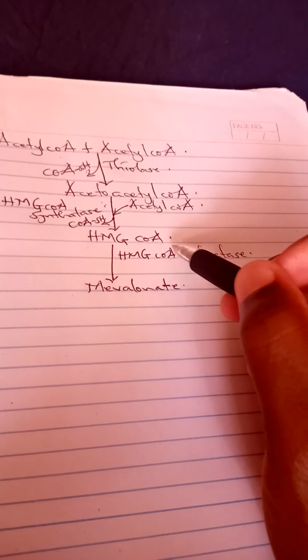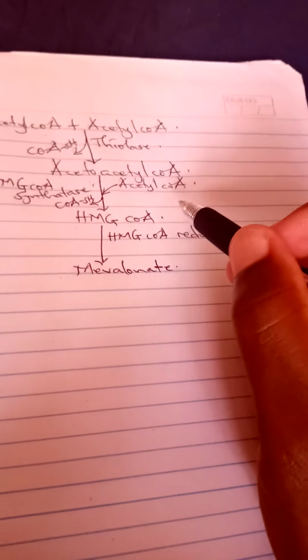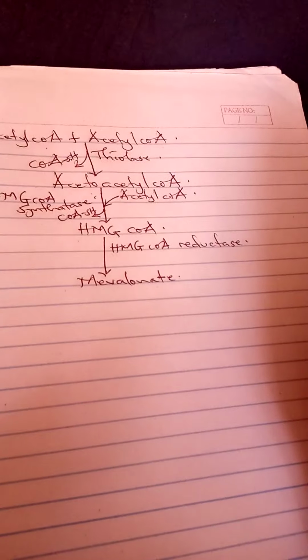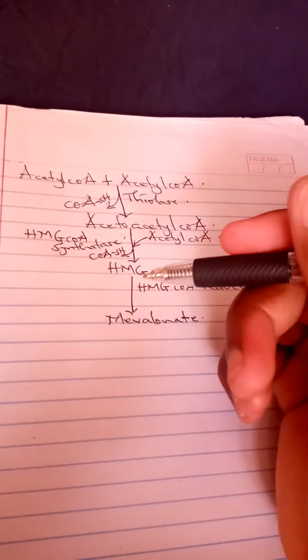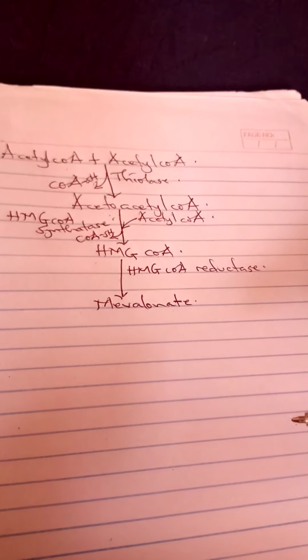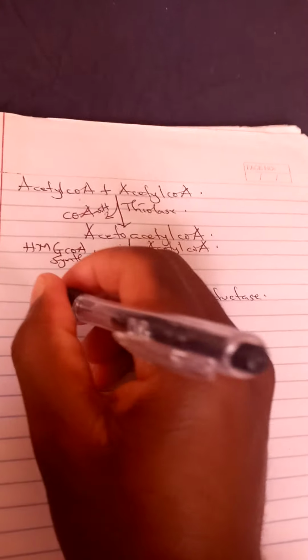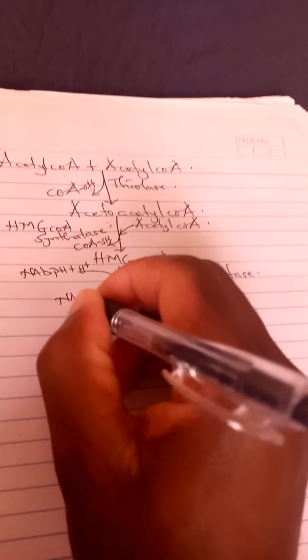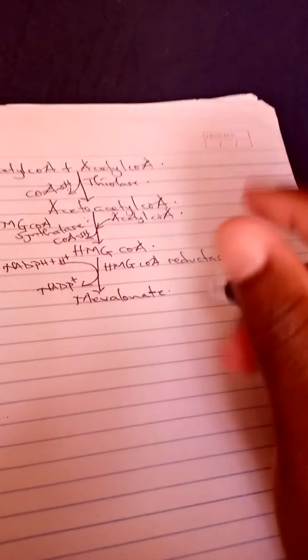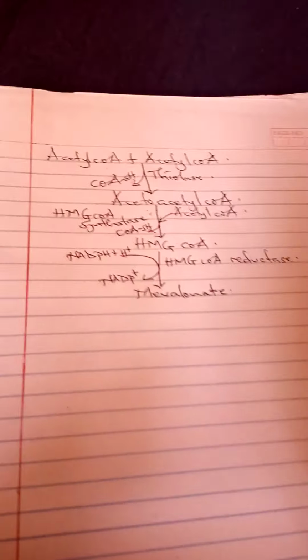But if HMG-CoA is acted on by HMG-CoA lyase, we shall go for ketone body synthesis. By this time, HMG-CoA reductase will commit this reaction to mevalonate, which is the synthesis of cholesterol. It is a reductase enzyme, so during the process we utilize NADPH plus a proton and release NADP plus. This is the committed step of the reaction.